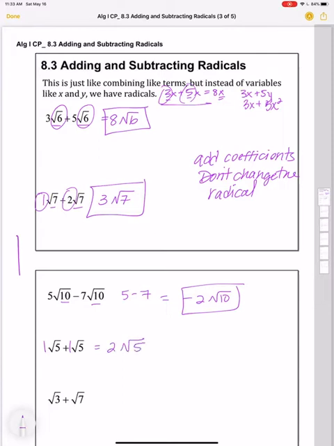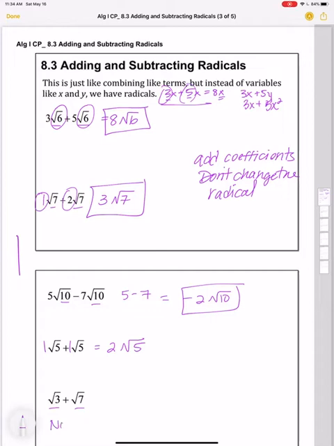And now on this one here, the square root of 3 plus the square root of 7, those are not the same, and so we cannot add them. Now, just because they aren't the same doesn't mean that they're fully simplified. 3 and 7 are fully simplified. How do I know that?